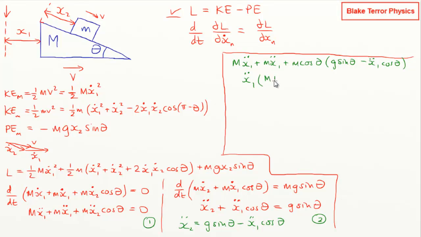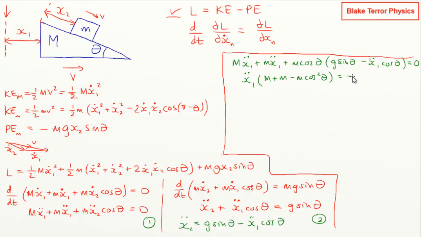We've got a capital M, we've got a little m, and oh, that should be equals 0. Left that off the end. And then what are our other ones? We've got a minus m cos squared theta, little m cos squared theta, and that is going to be equal to, what have we got that doesn't have an x1 double dot in? It's just this first term from the bracket.